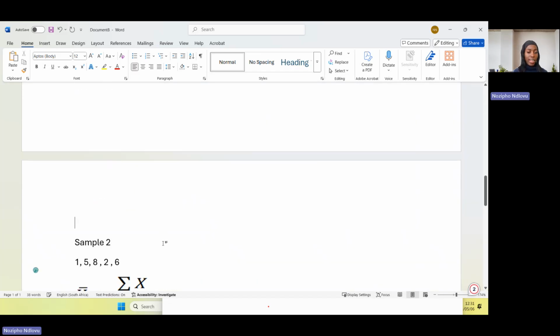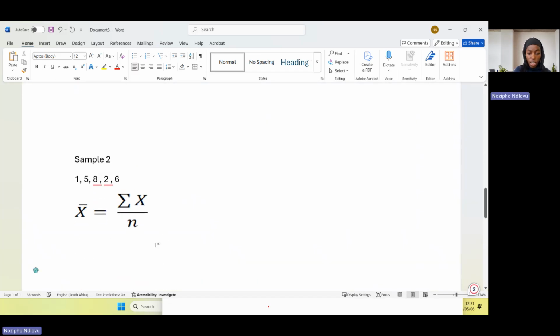After that, your mean will be equal to 1, you add the 5, you add the 8, you add the 2, then you add the 6. Then you divide by the number of observations. Which number is the number of observations in this case? You need to count them. So we have 1, 2, 3, 4, 5. We have 5 observations.